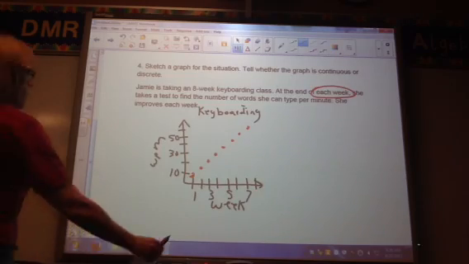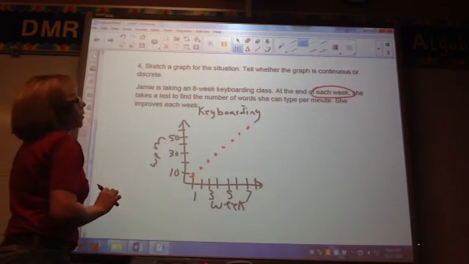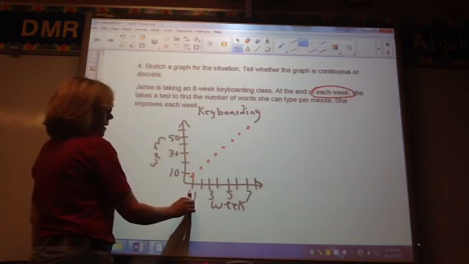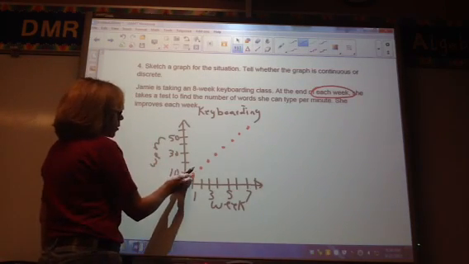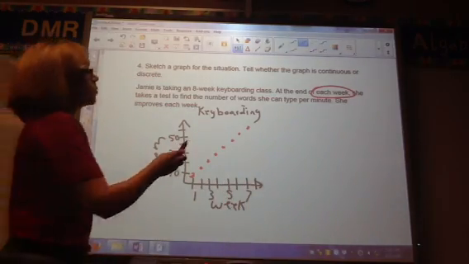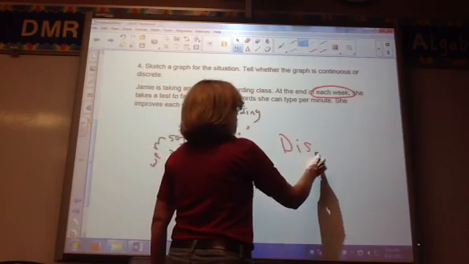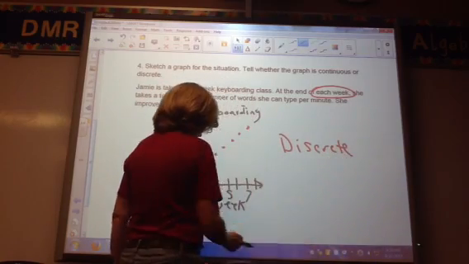Okay, you want your time on your horizontal, words per minute on your vertical. You need to make sure that each week the words per minute is increasing, so it's going to go up. Is this continuous or discrete? Well, they want to know each week. They don't want you to break it down, so it is discrete.